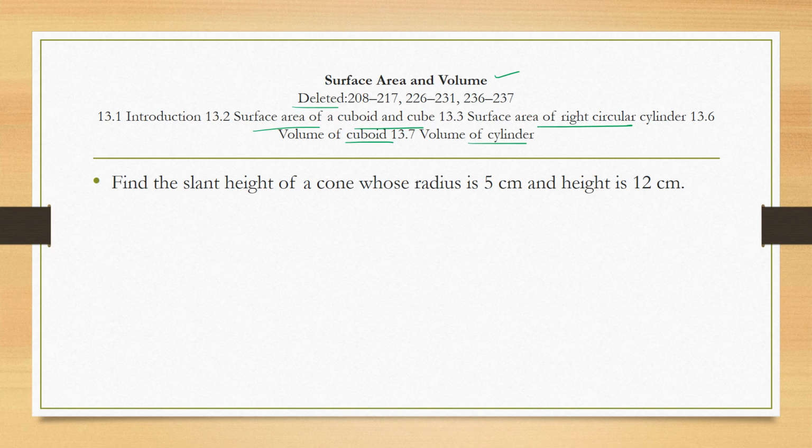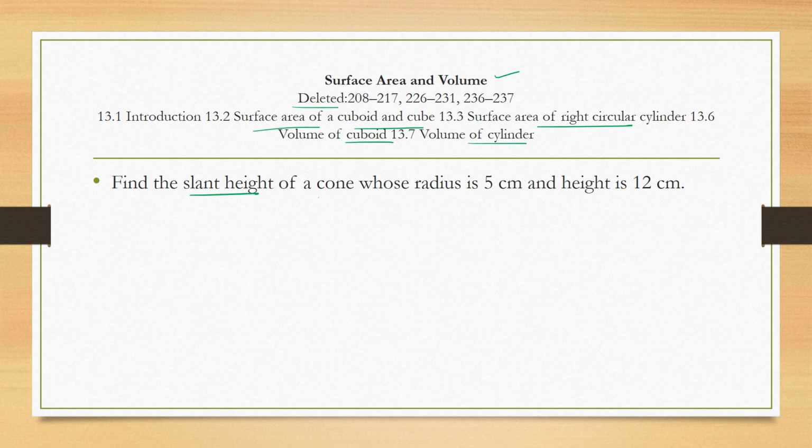But I would suggest that you should learn these formulas and try to solve some of the problems, because these will be there in 10th standard and these are very important for 10th class. Okay, but CBSE is helping you guys so that you'll be able to cope up with post-COVID pattern of studies.